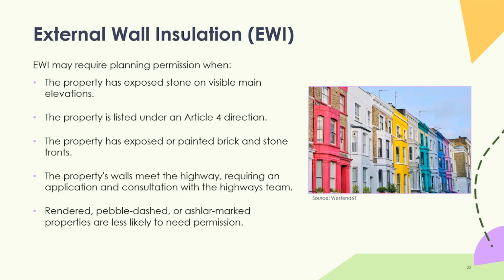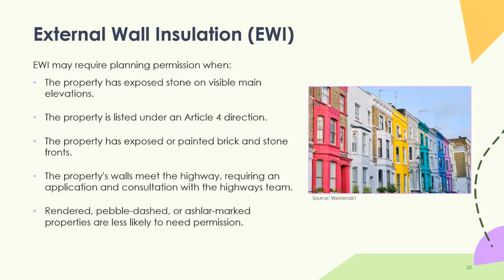As a rule, if you have exposed stone or exposed brick on a front visible elevation, normally the front or side elevation, something that is visible from the street, the answer is that you're unlikely to be able to put external wall insulation on that elevation.